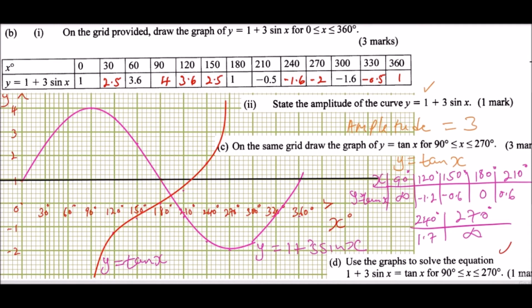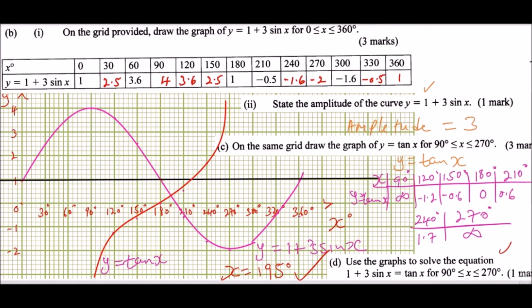To solve that, it is where the two graphs cut each other, at this point, and the angle is: one square represents 6, so those are 12. Half of it is 3, so x is equals to 195 degrees, and by getting that, you get yourself 1 mark. So that's how we work out that problem.